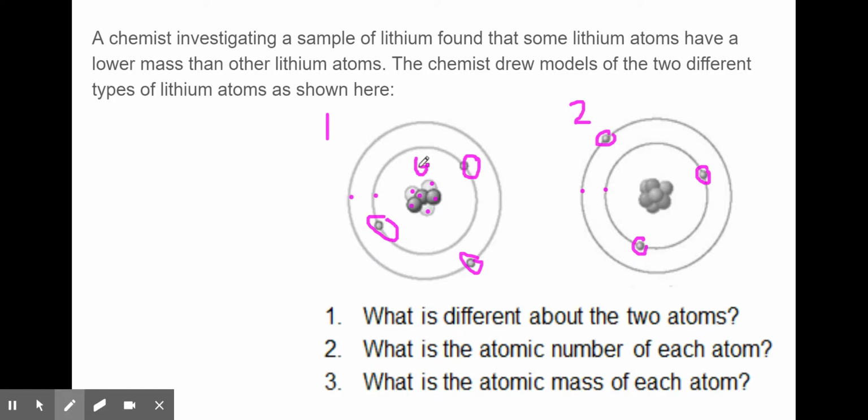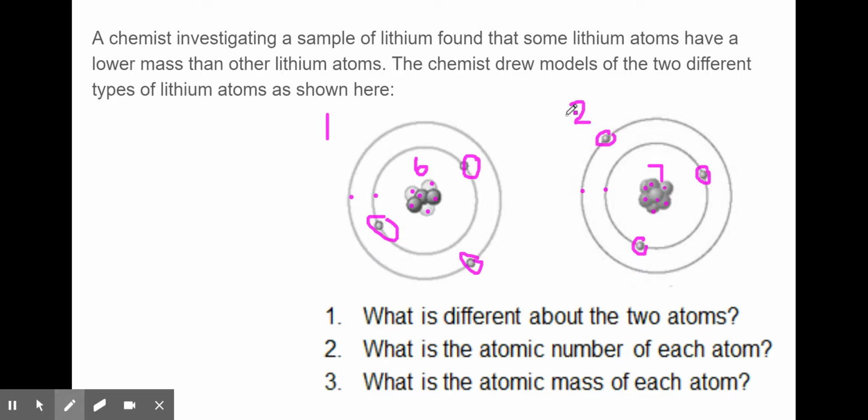We have 6 particles in the nucleus here. Here we have 1, 2, 3, 4, 5, 6, 7. Here we have 7 particles inside of that nucleus, okay? So the difference between these two atoms of lithium would be what we find inside of their nucleus, so the number of particles that we have in there.